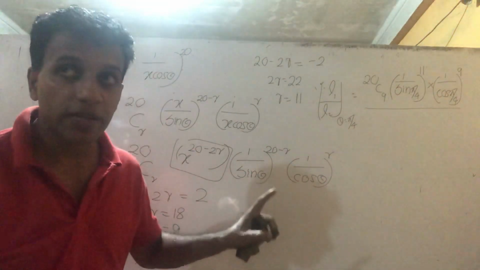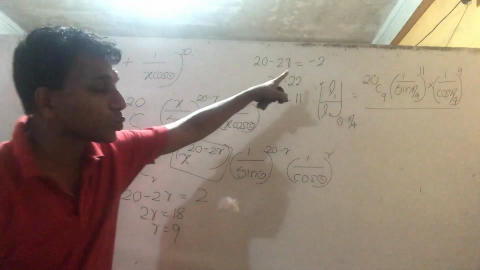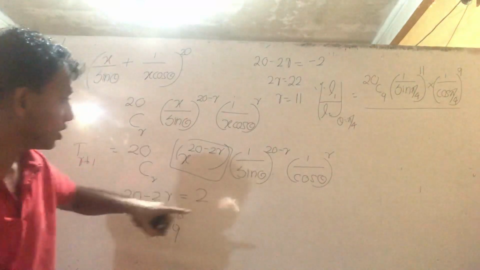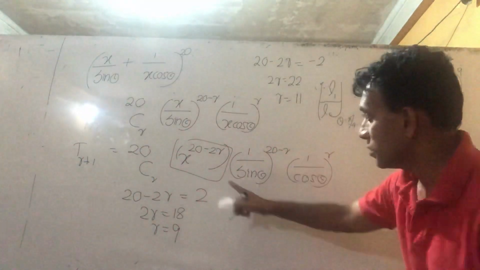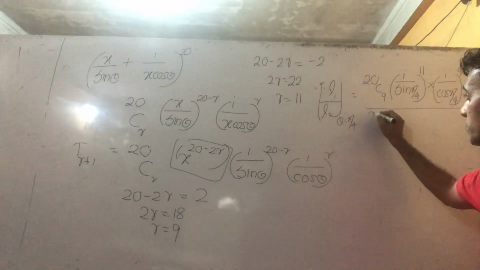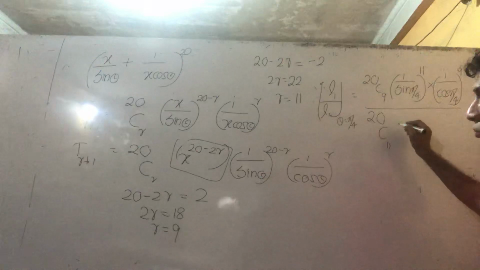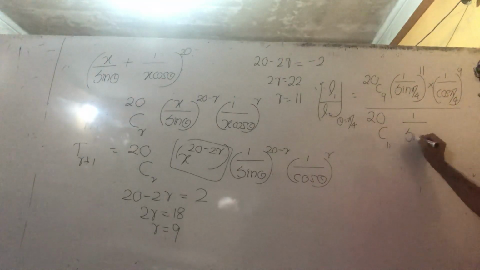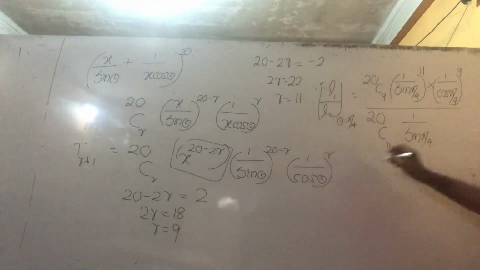Same method, write the L2. What is L2? The x to the power minus 2 coefficient, right? It becomes r equal 11. Okay, r equal 11, write that. Here 20C11, 1 over sine pi by 4, because they ask when theta is pi by 4, right?